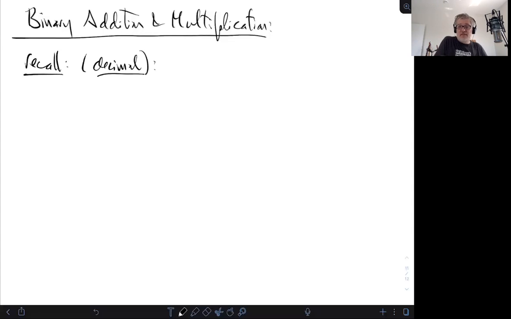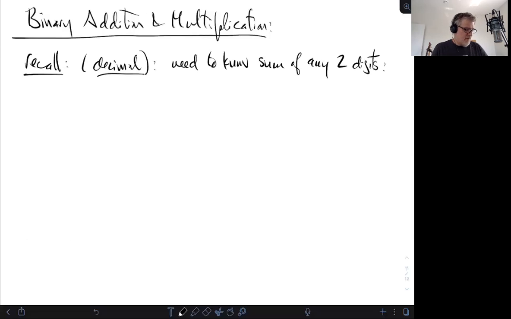That's the basic step in the algorithm. So there's a table, 0, 1, 2, 3, which we all know. We don't think about it, but we just learned that.